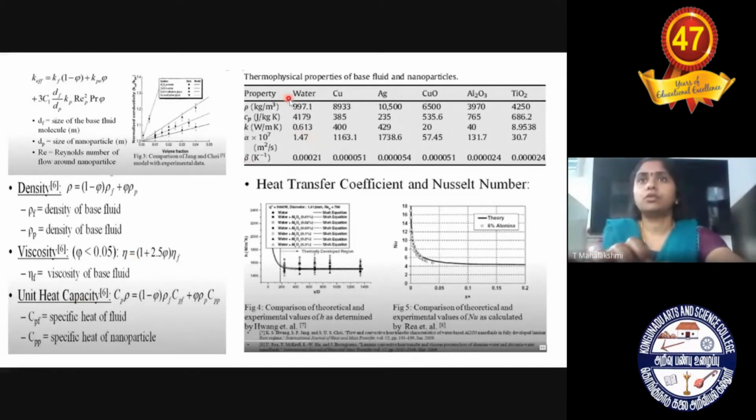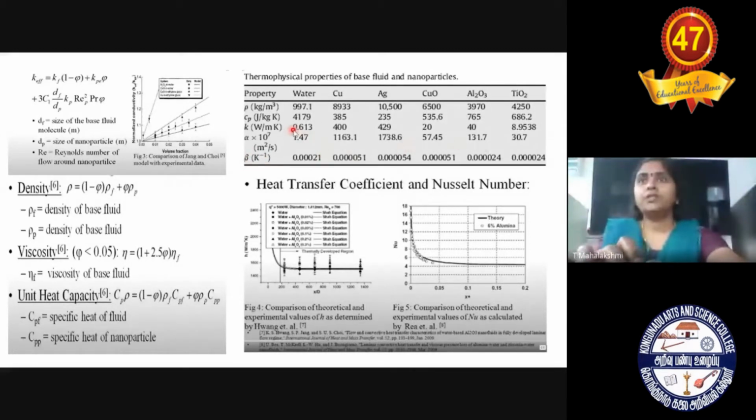Okay. So in this table, you can clearly see the thermophysical properties of water, copper, silver, copper oxide, aluminum trioxide and titanium dioxide. And rho is the density, Cp is the specific heat capacity, k is the thermal conductivity, alpha is the thermal diffusivity, mu is the dynamic viscosity, and beta is the thermal expansion coefficient.